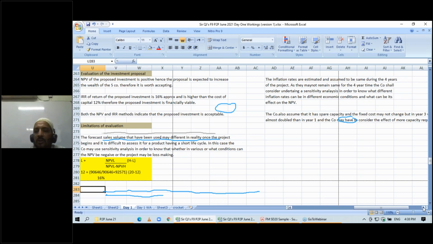Until then, the participants who have already written it, find a link between NPV and the wealth maximization of the shareholders. So I'm going to next discuss the link between the NPV and the wealth of shareholders.